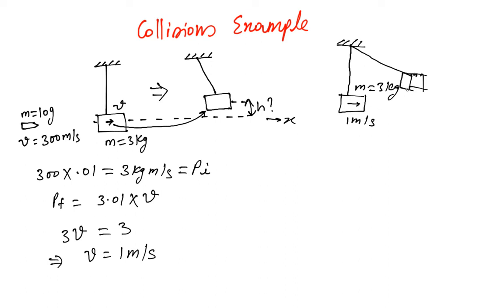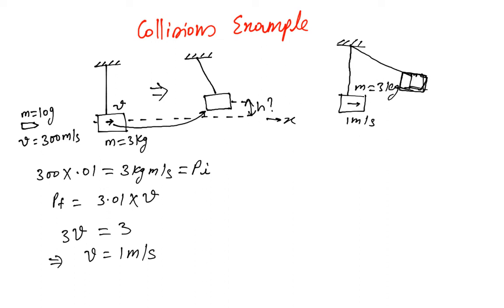From here to here, what is happening is that this guy, which has kinetic energy, transfers all its energy to potential energy, because it rises in height and goes up to a maximum height where all the kinetic energy is lost and has converted to potential energy.